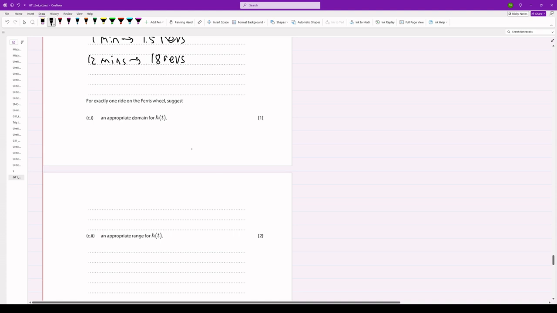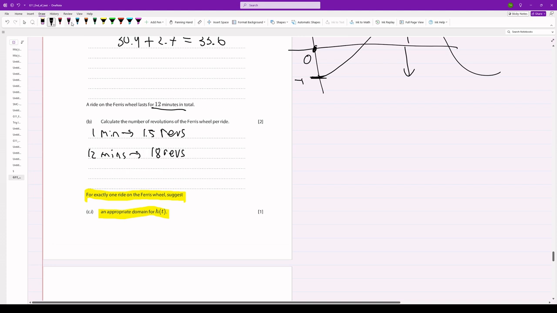Okay, suggest for exactly one ride, an appropriate domain of h of t. Well, for one ride, we are told one ride is 12 minutes. So my time is going to go between 0 and whatever 12 minutes of 60 seconds is: 720 seconds.